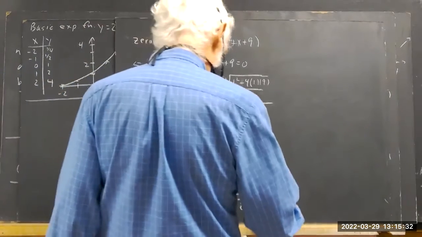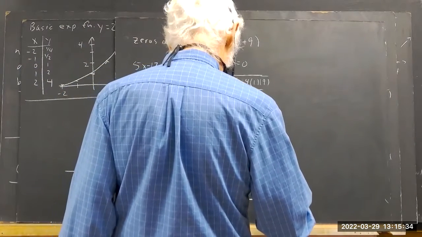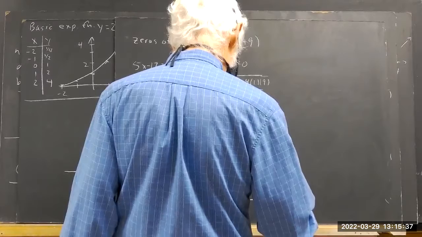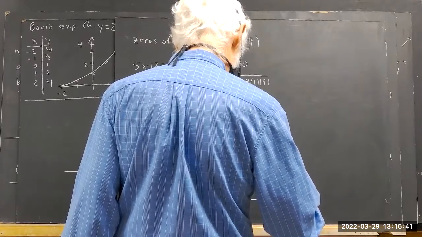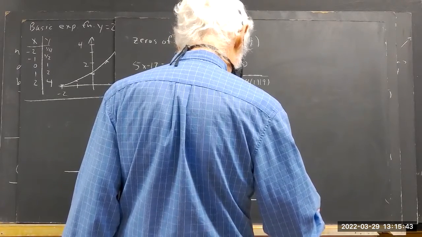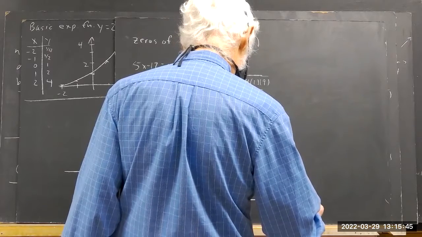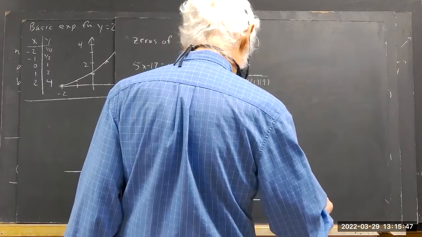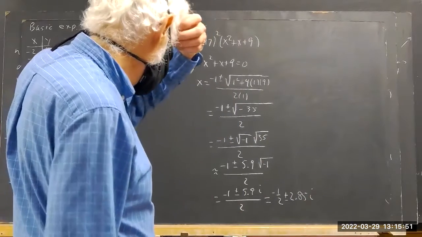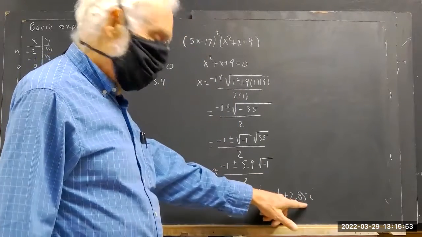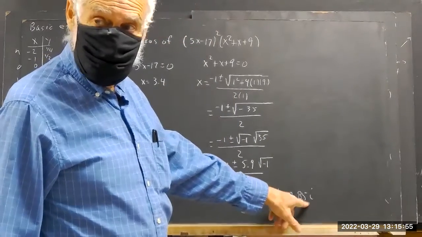And then, of course, we can divide both of these by 2. Approximately 1/2 plus or minus 2.95i, but that 5 isn't something you can take to the bank.